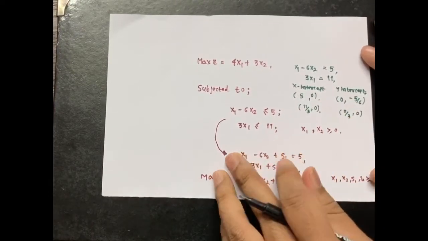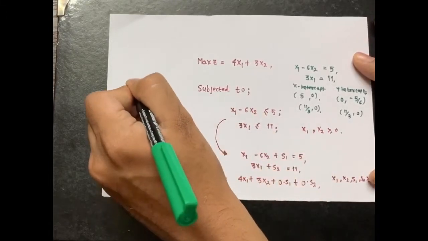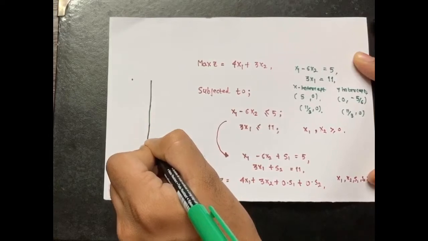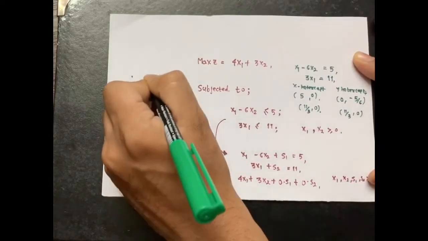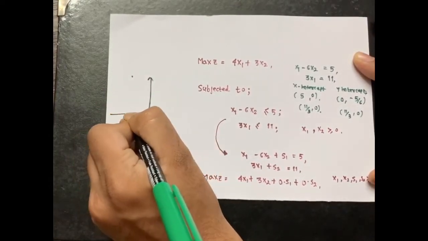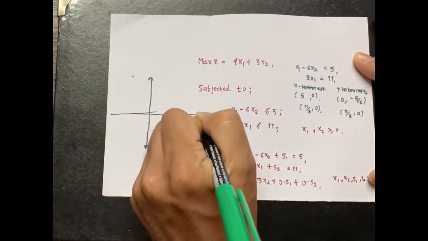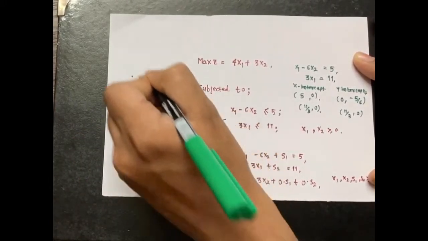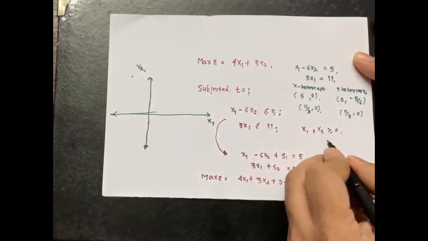So if I make an attempt to plot this on a graphical scale, let us check what is actually happening, this is my x1 scale, this is my x2 scale.